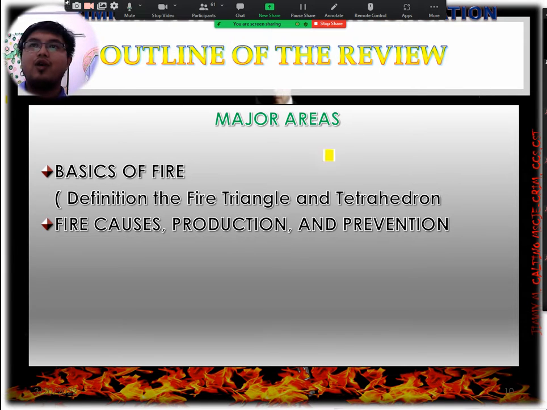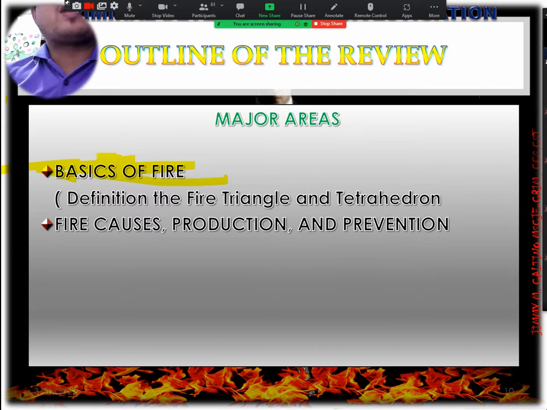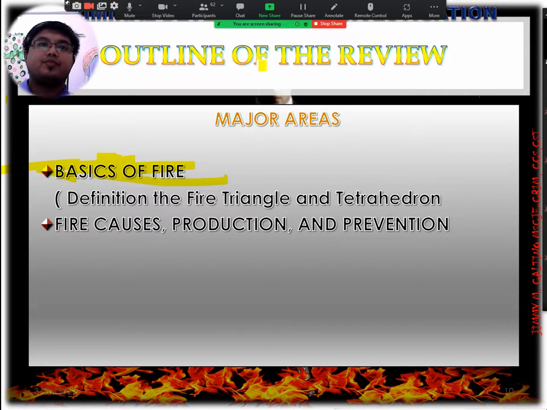Gentlemen, here are the basics of fire. We will be discussing the basics of fire, including the definition of the fire triangle and then the fire tetrahedron. The causes of fire, what are the causes of fire? Production, and then prevention of fire.